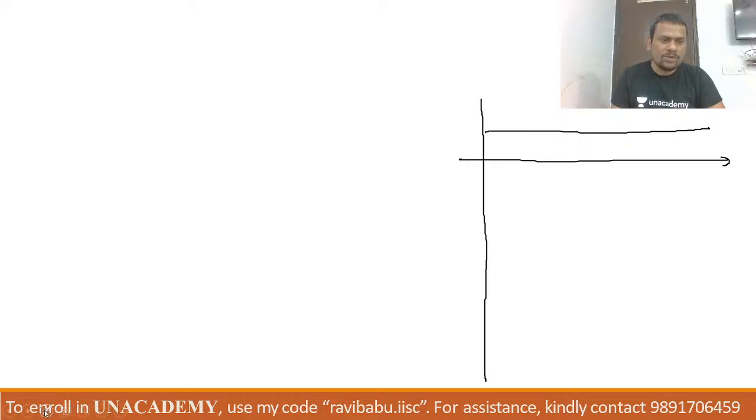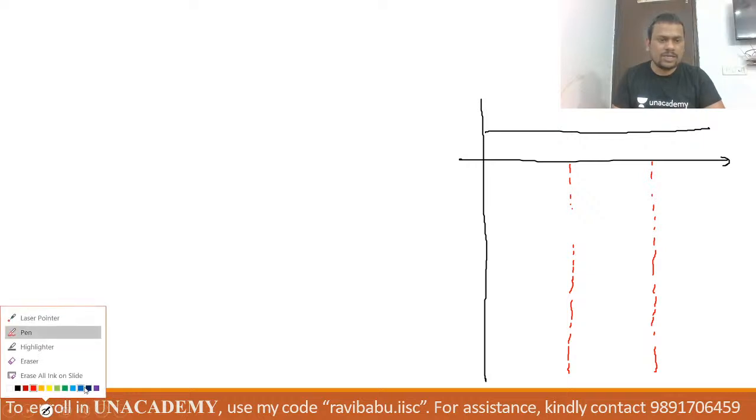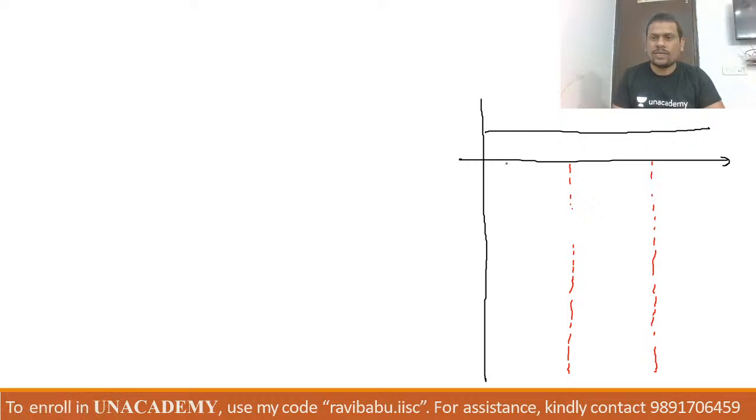Now try to understand, I want to draw pi here and 2 pi. This is our alpha 1 and alpha 2, which are nothing but 30 degree.